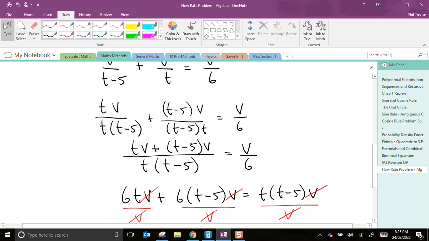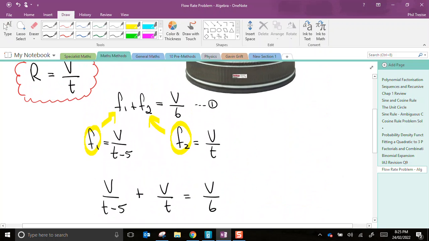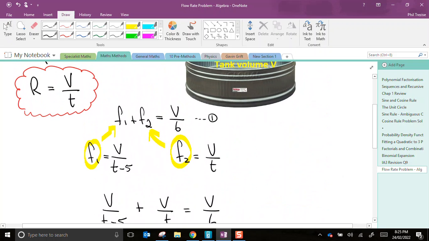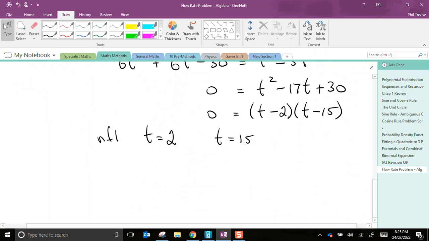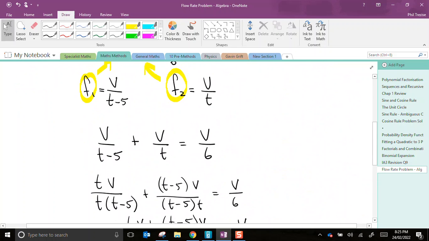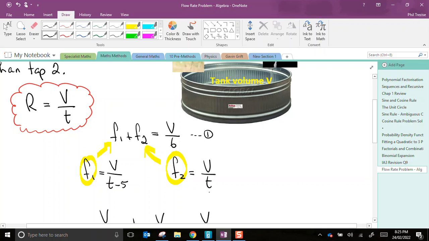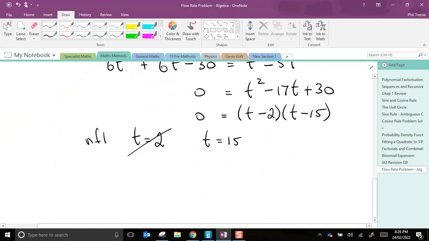So if t equaled 2, so that's 2 hours for the slow pipe, and then 2 subtract 5 would be negative time. That doesn't make sense. I'm going to reject this answer. But the other one, 15, I think will work. If we had 15 hours for the slow pipe, slow tap, and then 10 hours, that makes sense. That's logical.